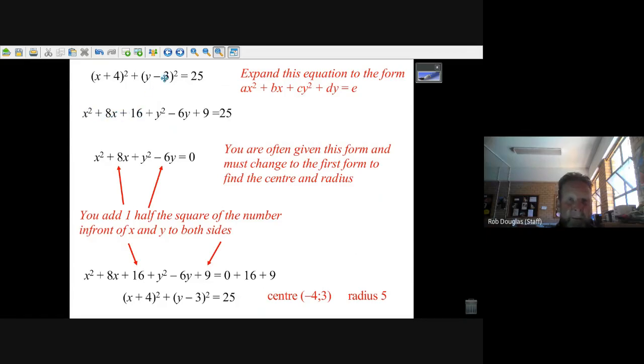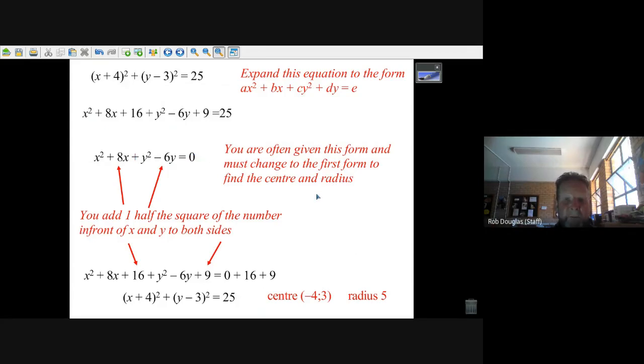Y minus 3 times y minus 3 will give you y squared, the outer and inner products will give you minus 6y, and minus 3 times minus 3 will be plus 9. If I take 16 and 9, which is 25, away from both sides, I could write this circle in this form: x squared plus 8x plus y squared minus 6y equals 0. Still the same circle, but in a different form.